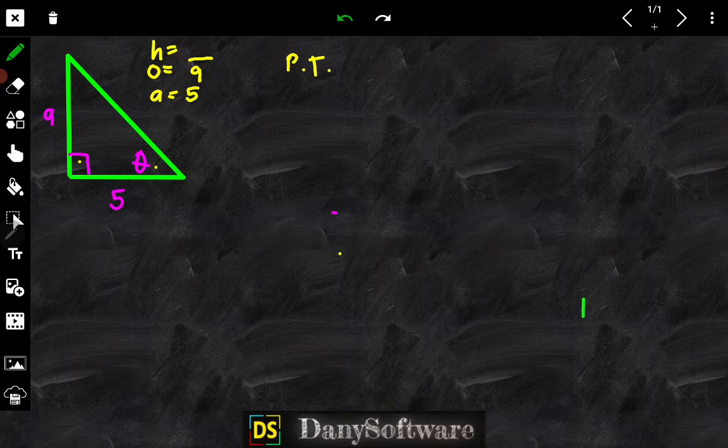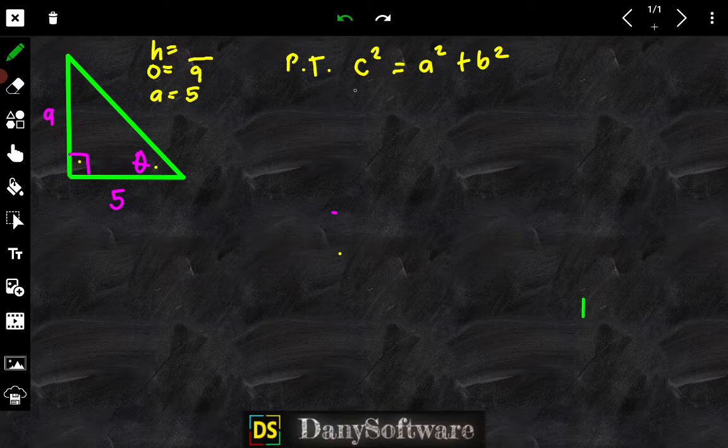So, ang Pythagorean theorem, it is the square of the longest side of the triangle, which is the hypotenuse, equals to the sum of the squares of the two legs. Okay, c squared is equals to a squared plus b squared. So, yung c squared, siya yung hypotenuse. Lagi siya yung pinaka-longest, pinaka-mahaba.